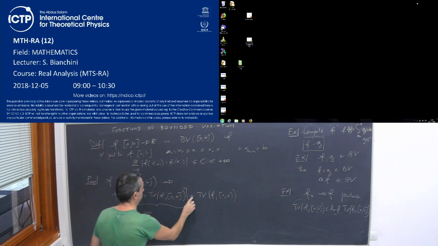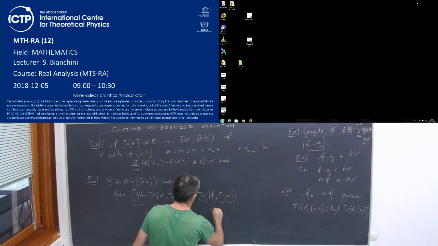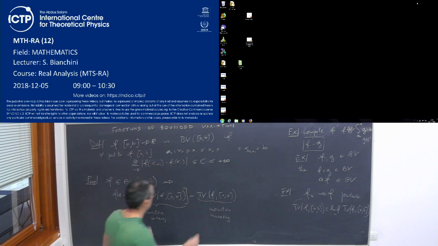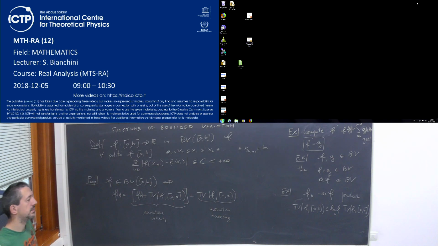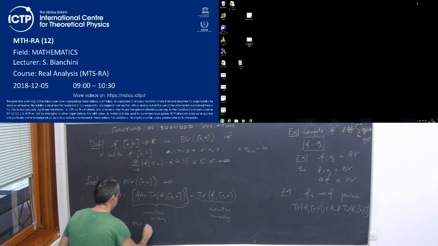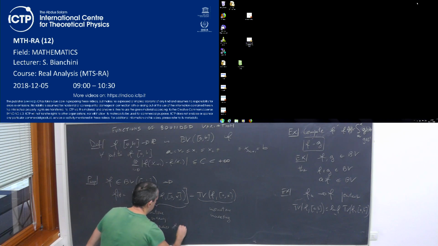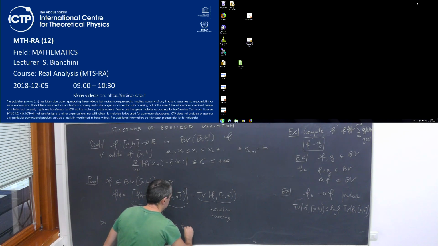Let's put a plus in the minus here, sorry. And this is increasing, monotone increasing. So f is the difference of two monotone functions.